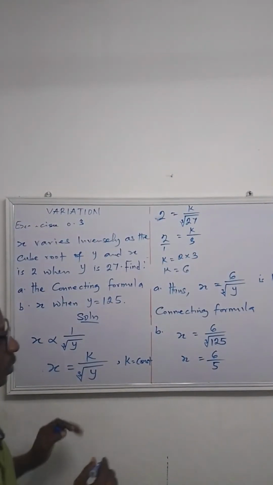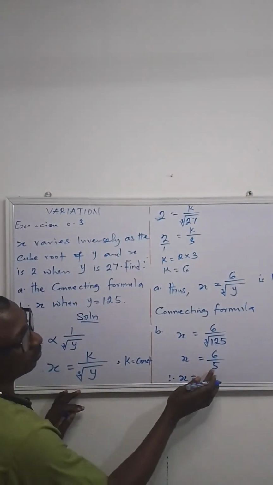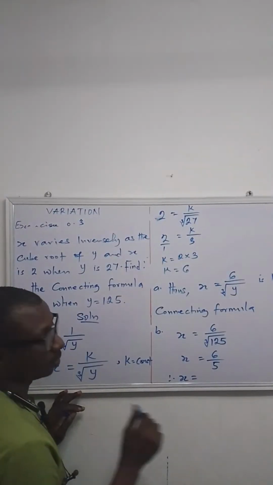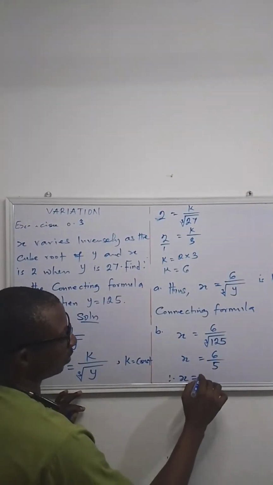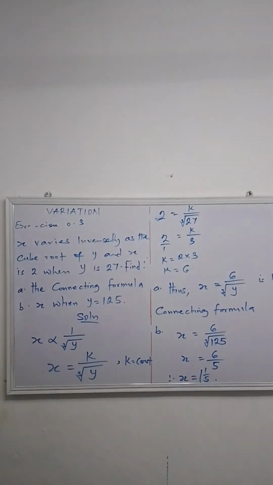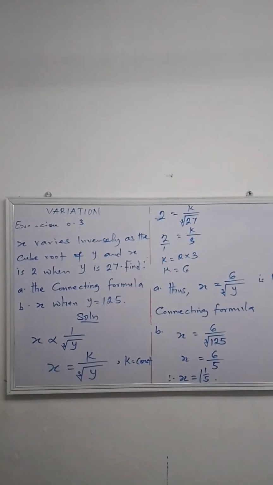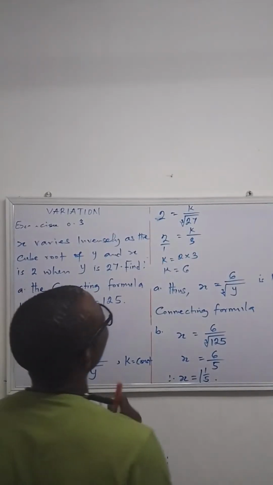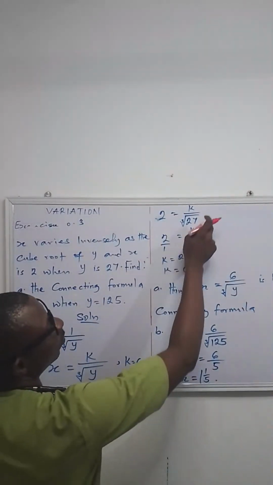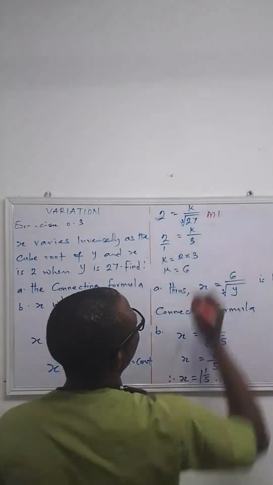Now therefore x equals, 5 can go into 6 one time, so we have 1 left over 5. So this is the answer to the problem. Now, how do we award marks to this solution? For plugging in the value correctly there will be a method mark, M1.